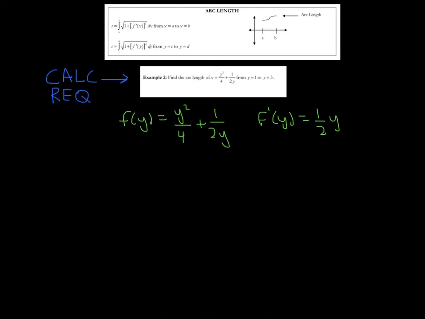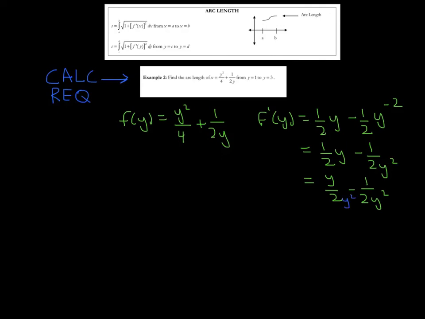And if we bring the y up, don't bring the 2 up, but if we bring the y up, that's going to give us a y to the negative 1. So we're going to multiply that in front. All right, and that's going to take us to y to the negative 2. And so our derivative is going to be 1/2 y minus 1 over 2y squared. Why don't we write this as y over 2 minus 1 over 2y squared. And we will get a common denominator by multiplying top and bottom by y squared.